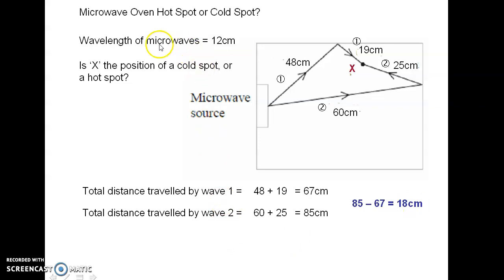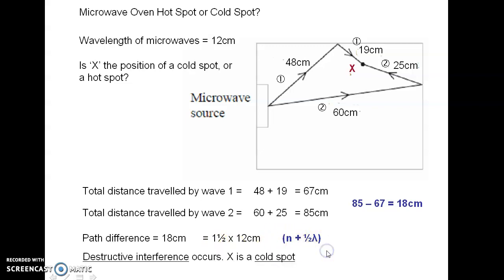And being that the wavelength of the microwave is 12 centimeters, it's quite easy to see that the path difference of 18 centimeters is 1.5 times the wavelength of the microwave. So we have a path difference of (n + ½)λ, where in this case n is 1. So we can identify this as a point where destructive interference occurs and identify X as a cold spot.